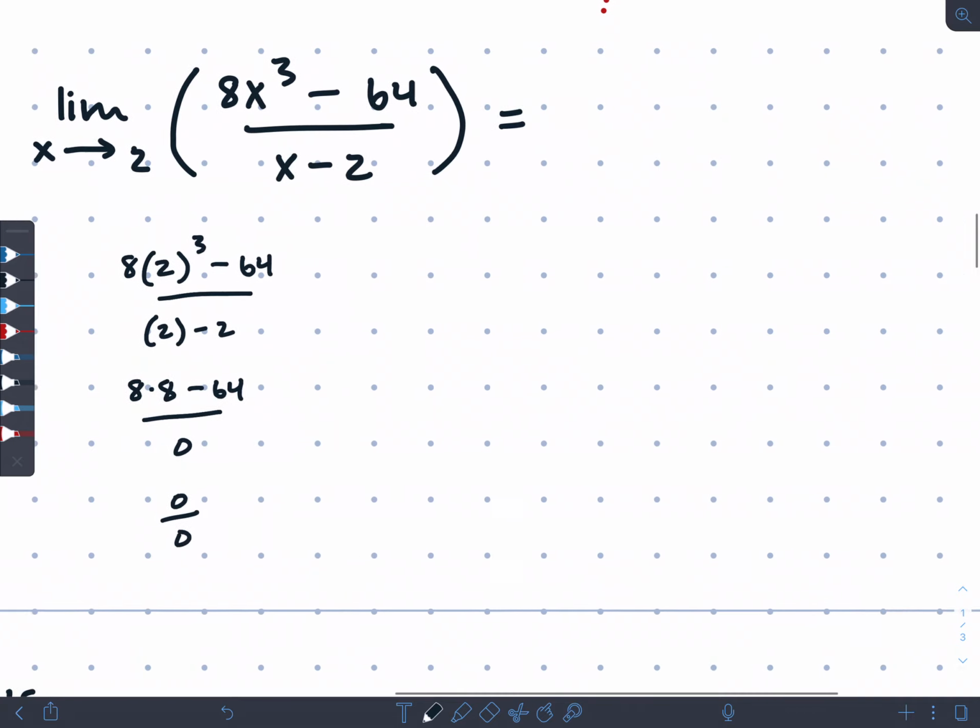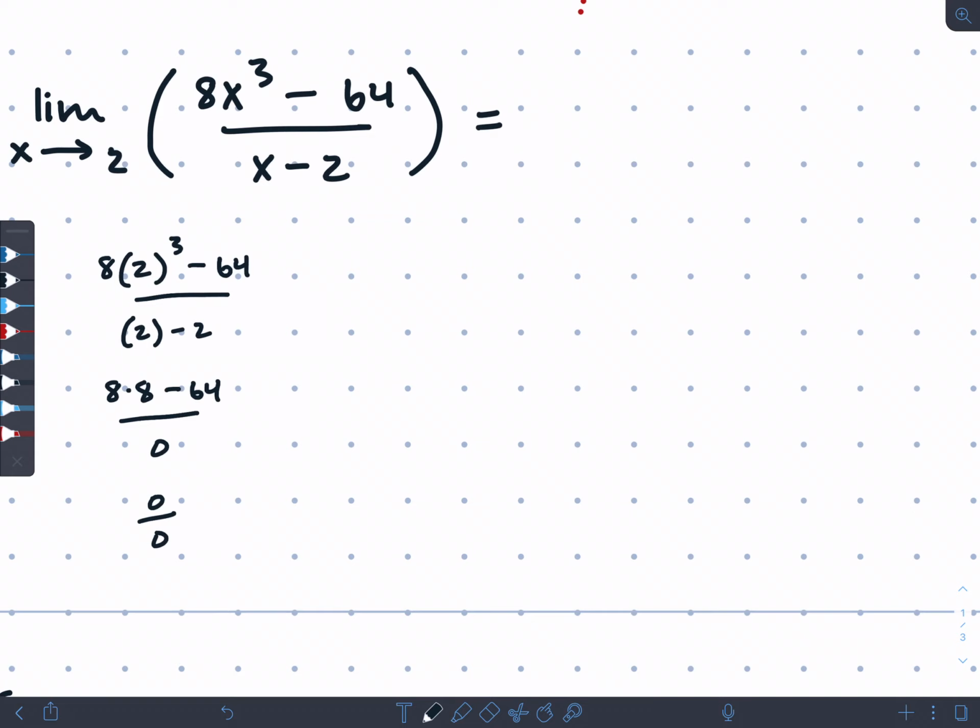So we can simplify and factor to solve. So in my numerator, I have 8x cubed minus 8 over x minus 2. And we're actually going to use the difference of squares for our factor.